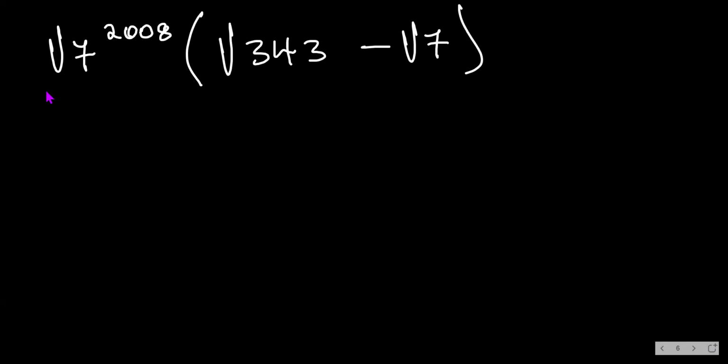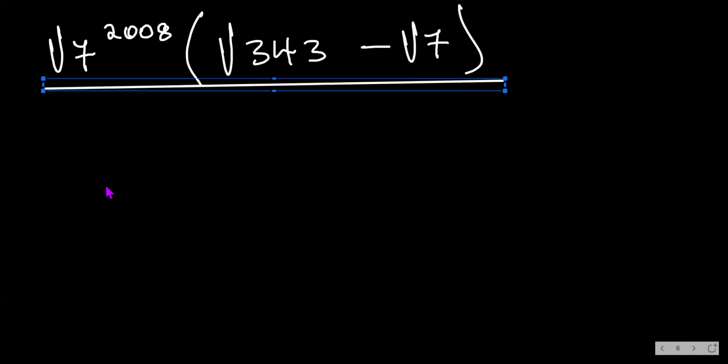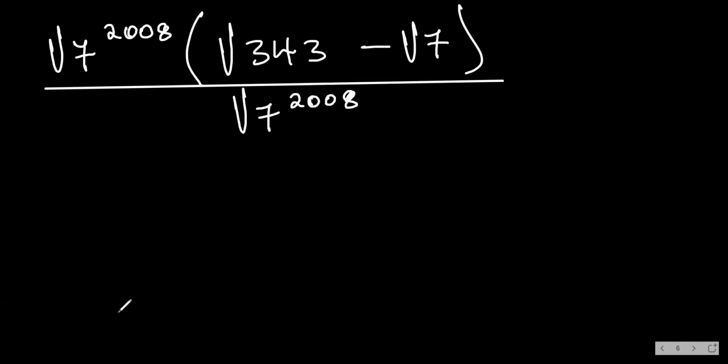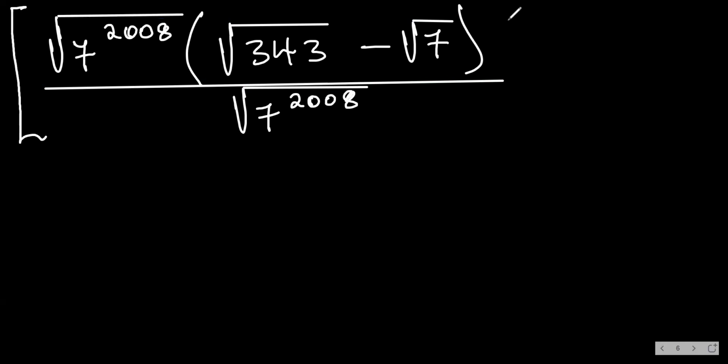And then everything is divided by square root 7 raised to the 2008. And then we can say this entire thing will just be further raised to the, oh, we still have an innocent square root 7 here.